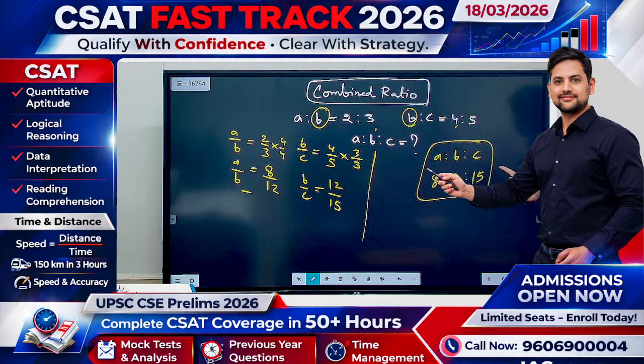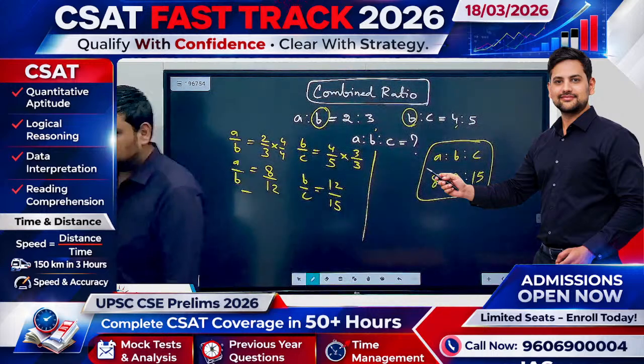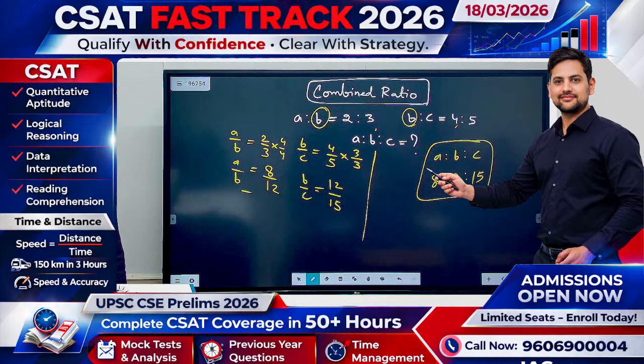That is, A:B:C is 8:12:15. Understood? So this is the core of how you get to it. Of course, there are quicker ways of doing this that we'll learn. This is the core: whatever is common between them, we try to make it equal.